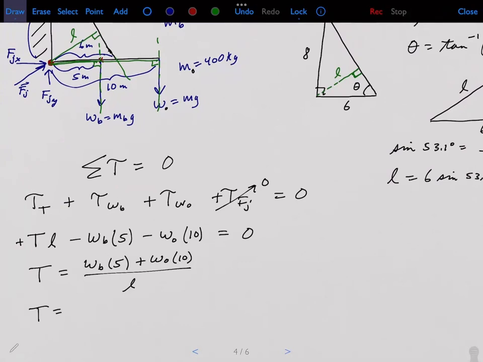The weight of the board was 980 times 5 plus the weight of the object was like huge, right? 3920 times 10, all divided by L, which we found L was 4.8. And if you work this out, it's going to be 9187.5 newtons.